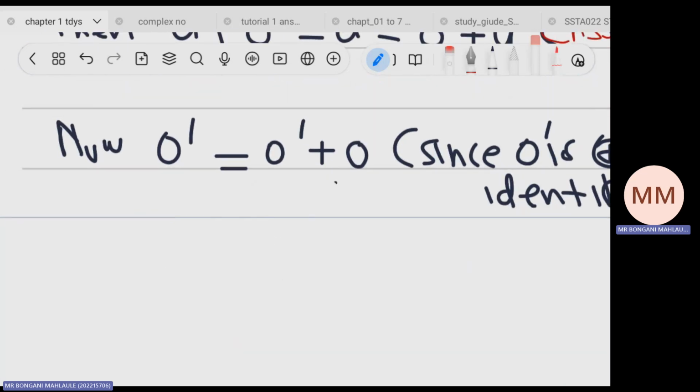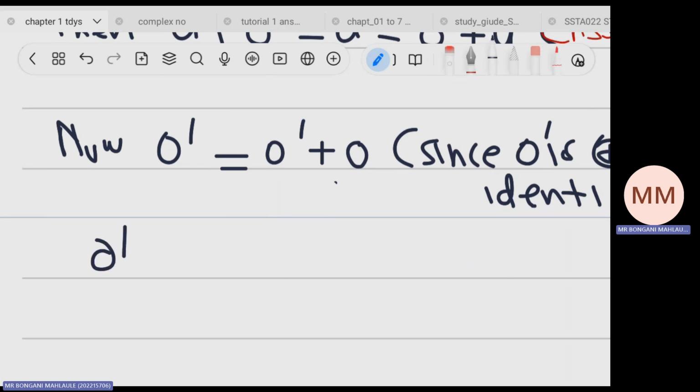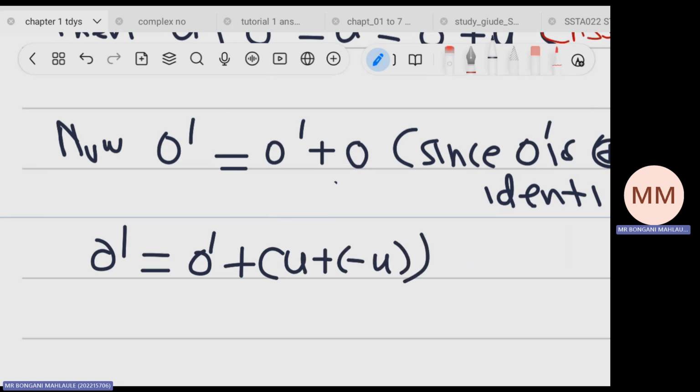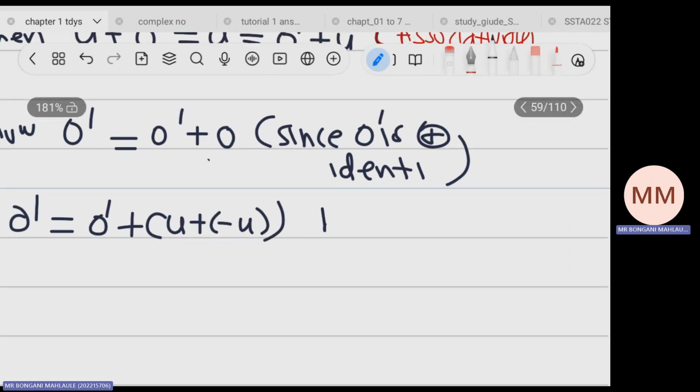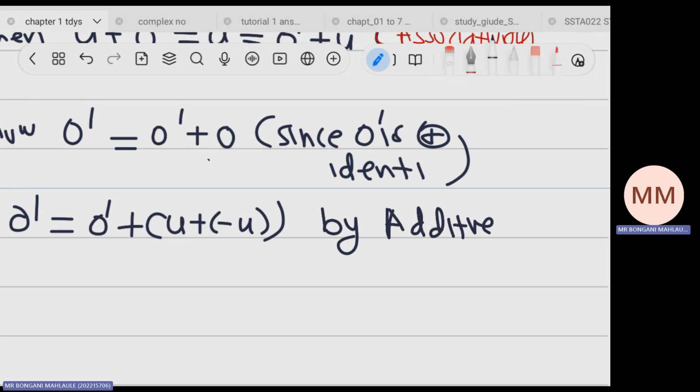Okay, let's open a page here. You can now say that 0 prime will be equal to 0 prime plus U plus negative U, by the additive inverse property.